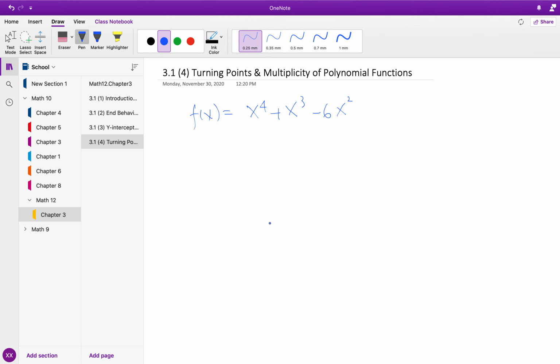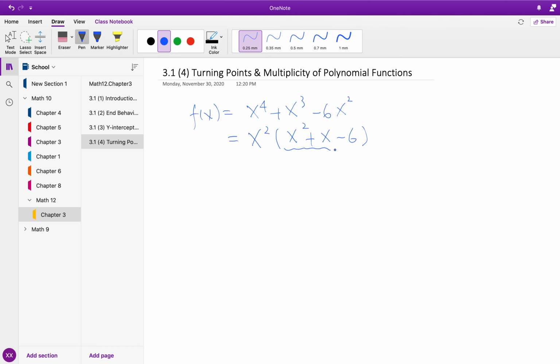Now let's solve this. Again, the point is not how to solve it, but to explain what multiplicity is all about. Over here, we factor out x to the power of 2. Then we get x to the power of 2 plus x, subtract 6.